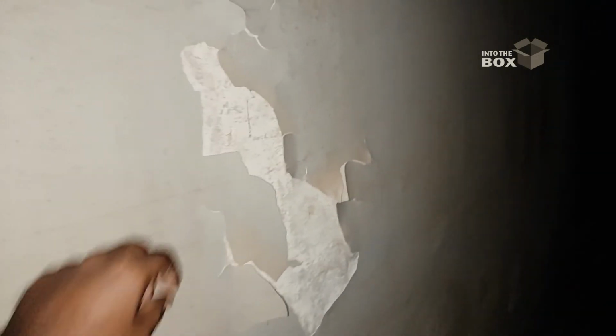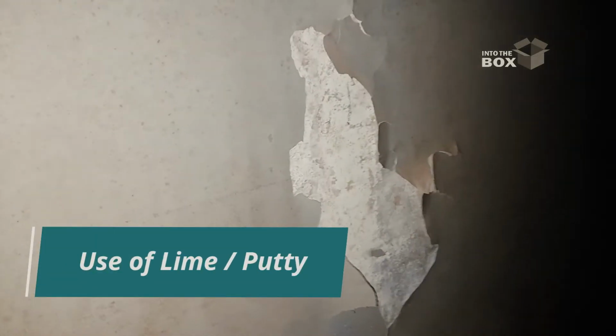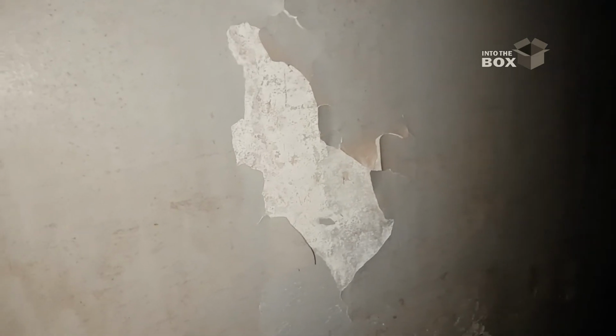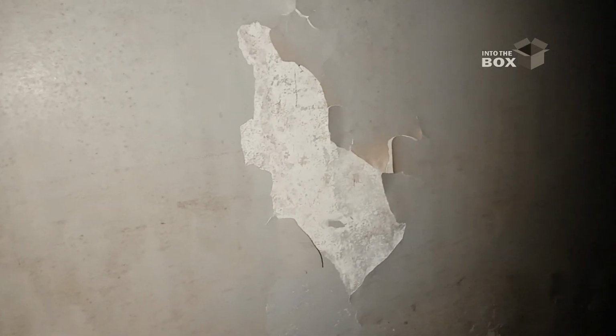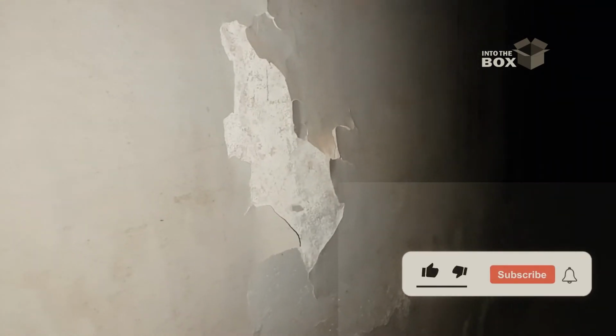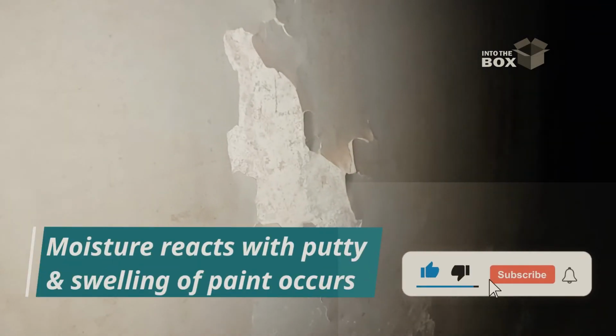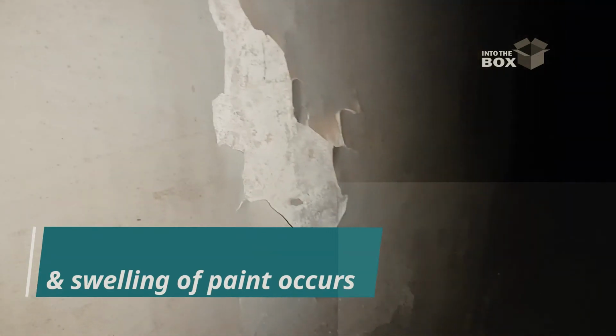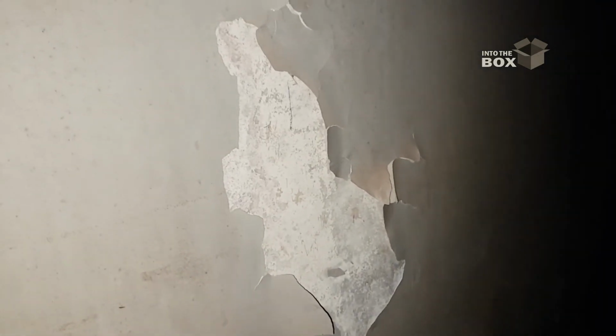One of the most important reasons is the use of putty, lime, to make the surface a substrate of the wall, and later on the paint has been applied over it. The major cause is that whenever moisture enters the wall, it reacts with the putty or the lime, and later on it soils and the paint surface peels off. This is what has happened over here.